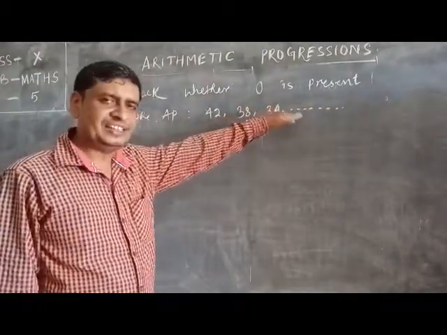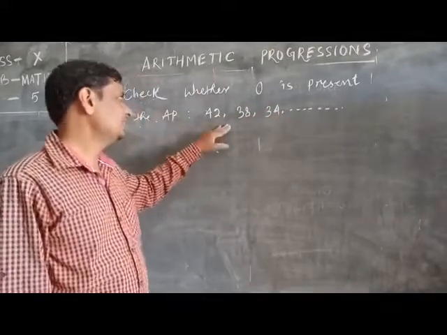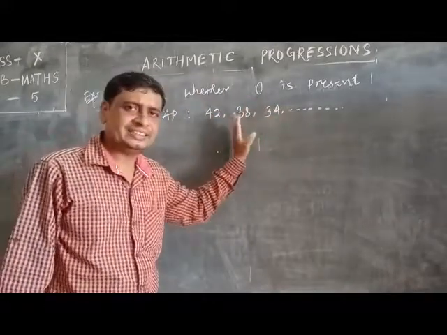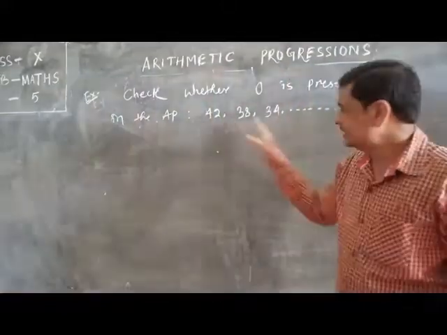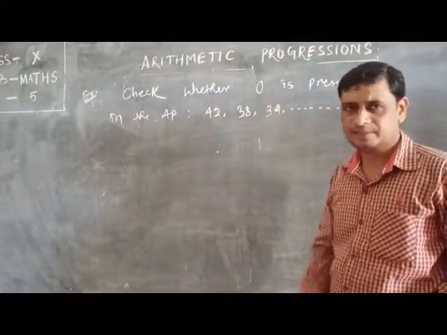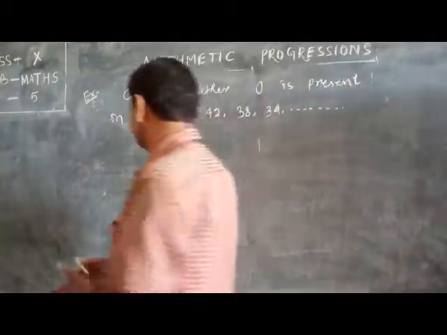One AP is given, 42, 38, 34, an infinite AP, and we have to find whether 0 is present in this AP or not. That means whether any term of this AP is 0 or not. Let's find it.